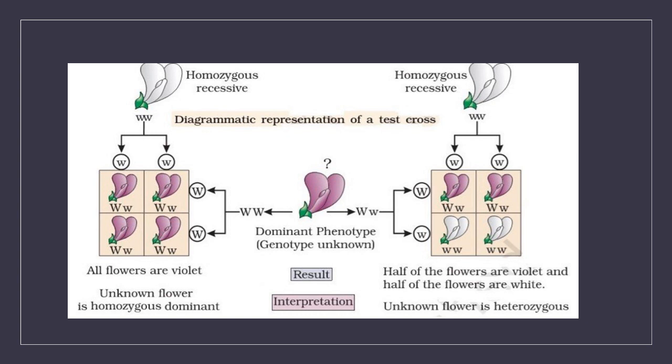You can see the change in the products formed. All flowers are violet with the homozygous. But if half of the flowers are violet and half of the flowers are white, then it is the heterozygous condition. So this is the interpretation that we are getting.